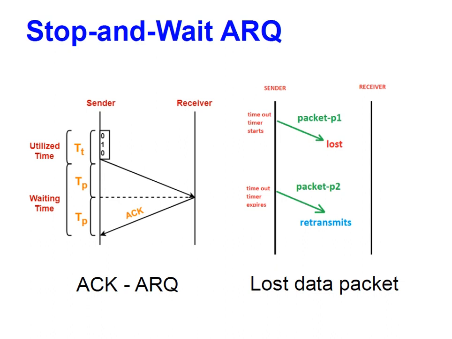Now we go to the next section, that is the section with respect to stop and wait ARQ. What exactly does ARQ mean? ARQ means automatic repeat request. It is also known as automatic repeat query, and it is an error control method for data transmissions.